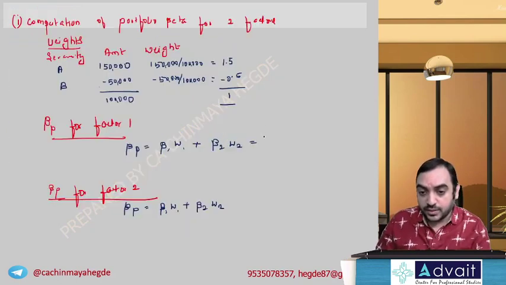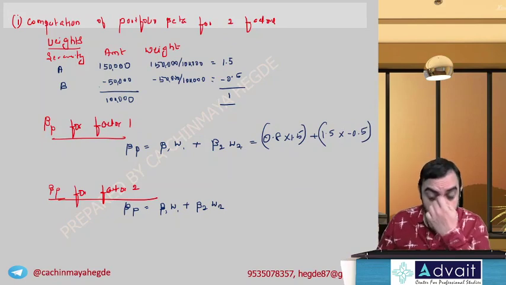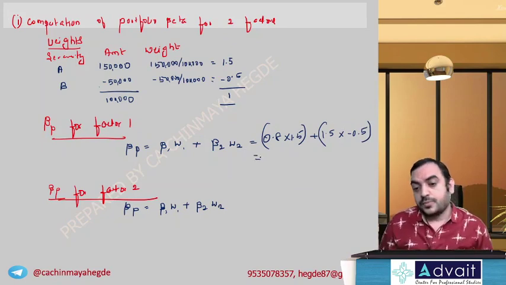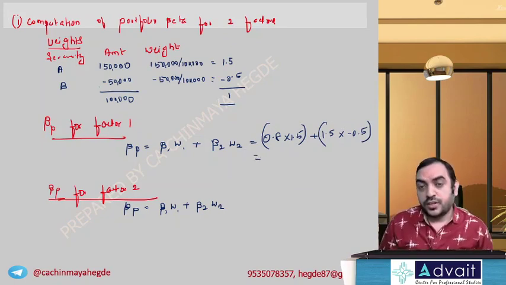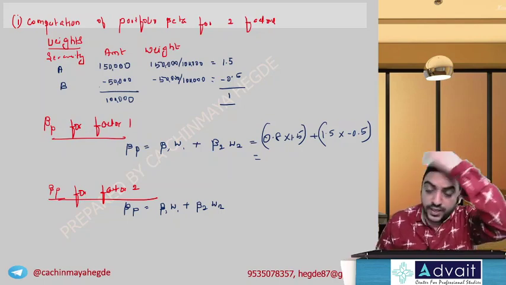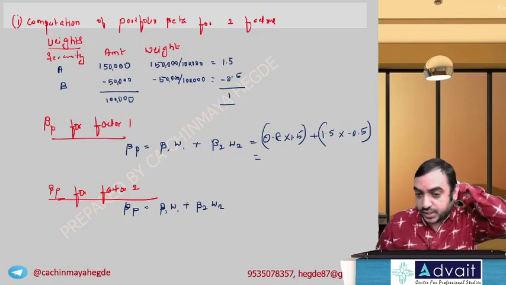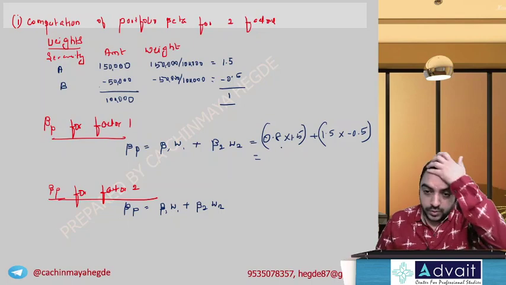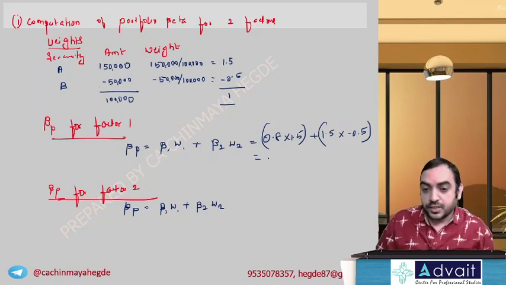So 0.8 into 1.5, and 1.5 into minus 0.5, so minus 0.75 you get. So 1.2 minus 0.75, you get 0.45 on simplification.